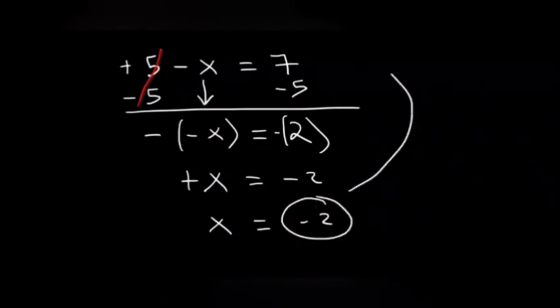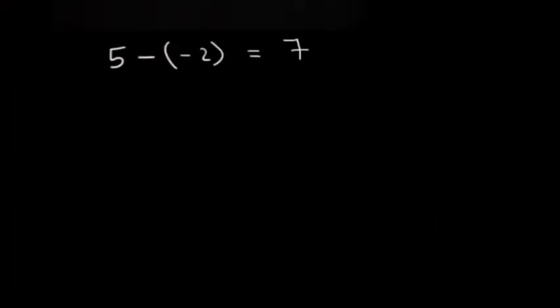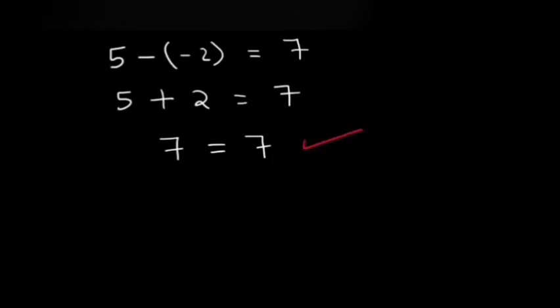Now let's verify. You can put the minus 2 in place of the x. When you do that, you're going to have 5 minus open bracket minus 2 equal to 7. Now negative times negative gives us positive. Plus 2 equal to 7. So 5 plus 2 is 7. You can see our answer is correct.